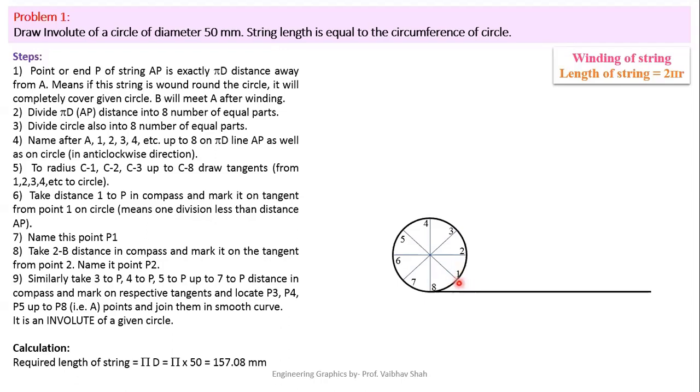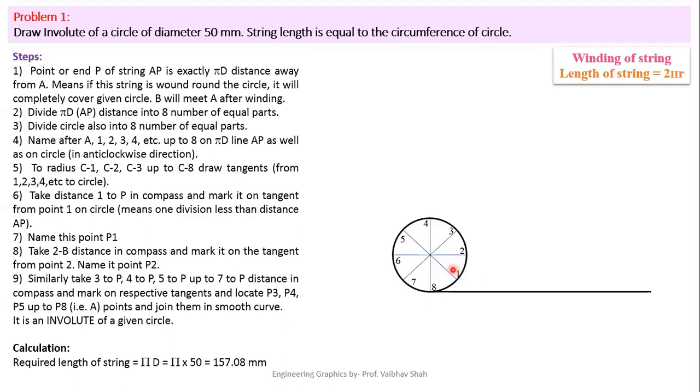Whichever point the string will touch on this circle first from these 8 given parts will be the point number 1. So always remember, the string will first touch this part during the winding operation.